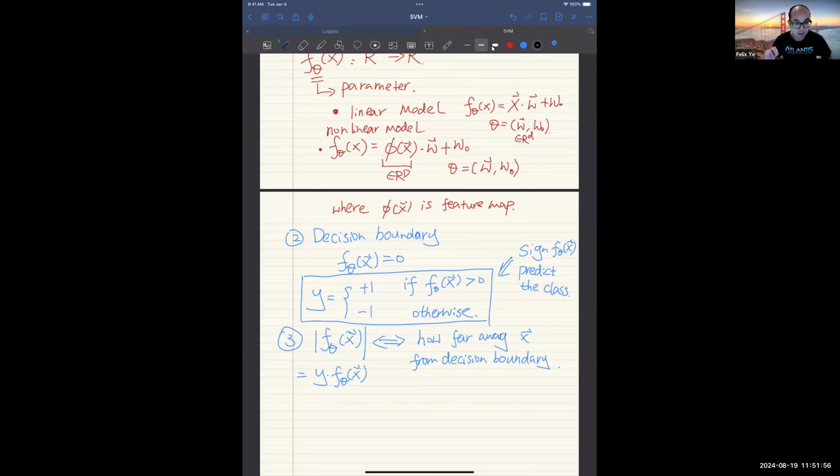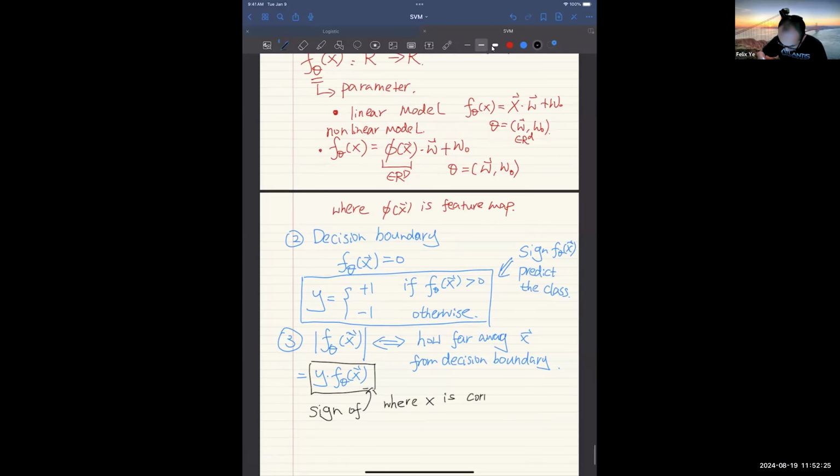Another part is also very important: the sign of y times f theta of x indicates whether x is correctly classified.